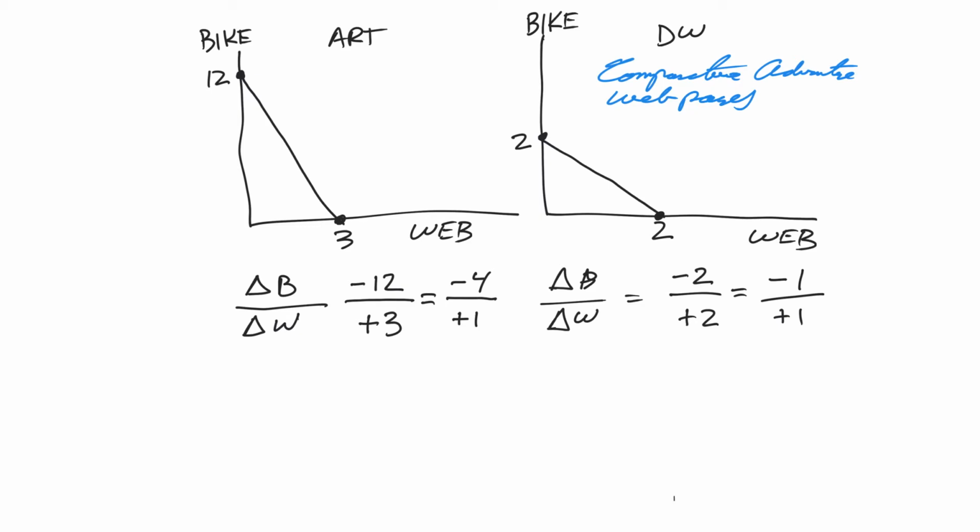Now let's figure out who has the comparative advantage in bike repair. Well, now, because we want to know what one bike repair will cost us to produce in foregone web pages, we're going to want to put bike repairs in the denominator this time.